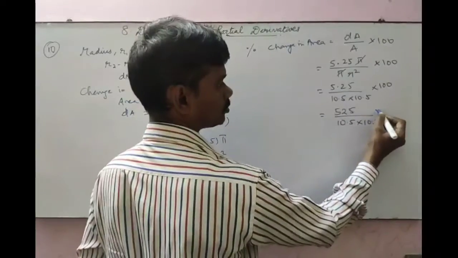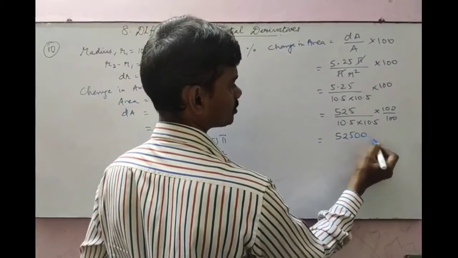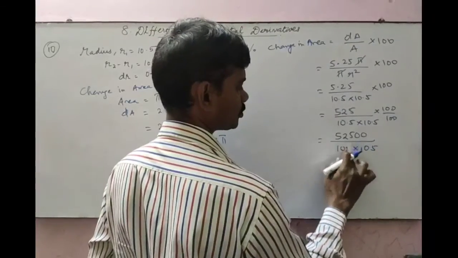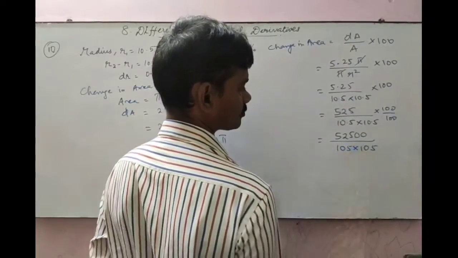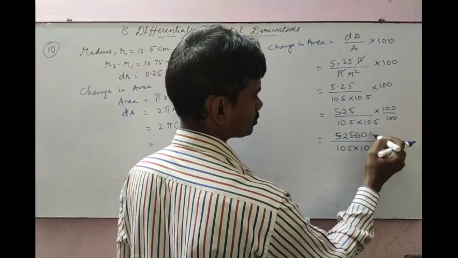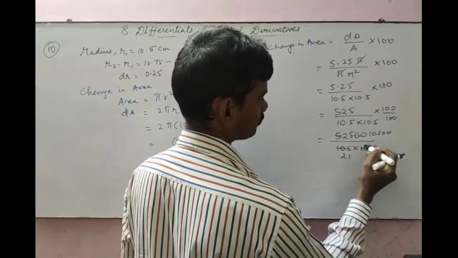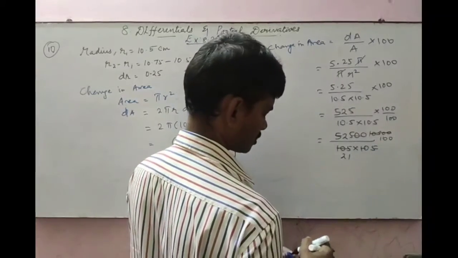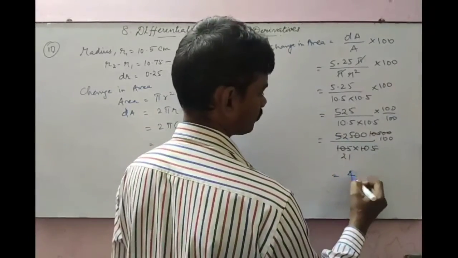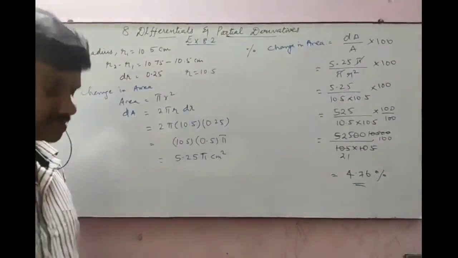To remove this decimal, you multiply again by 100 and divide by 100. You will get 52500 by 105 into 105. Now you can simplify this by cancelling in the 5 table. Cancelling with the 5 table, we get 10500 by 21 into 105, and this gets cancelled, you will get 100 divided by 21. If you divide this 100 with 21, you will get 4.75 percentage. So this is the percentage change in area.